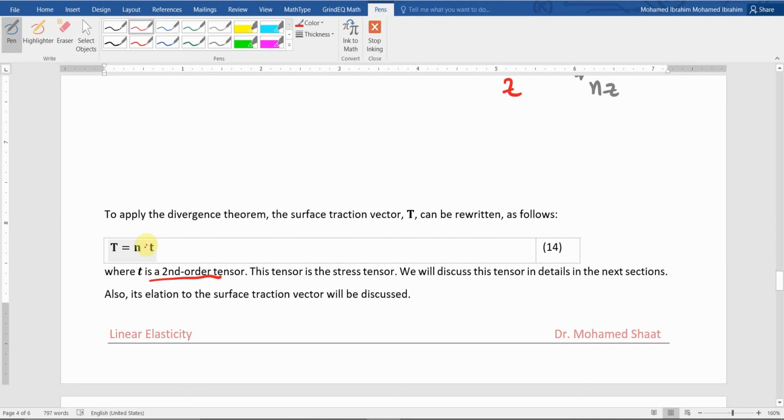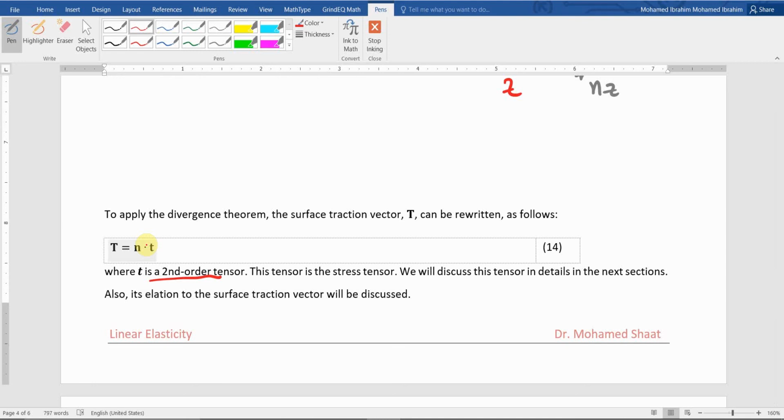Make sense? Because to apply the divergence theorem, I need n dot something, right? In the continuum equations that we derived so far, there is no n dot something, there is just t. So simply replace t with n dot something. This something should be a second order tensor to give t as a vector, as we just demonstrated, right?